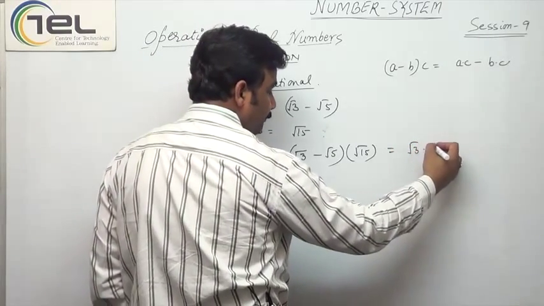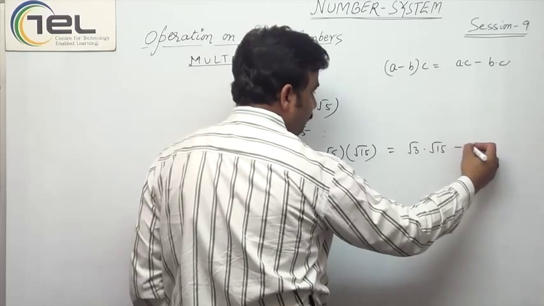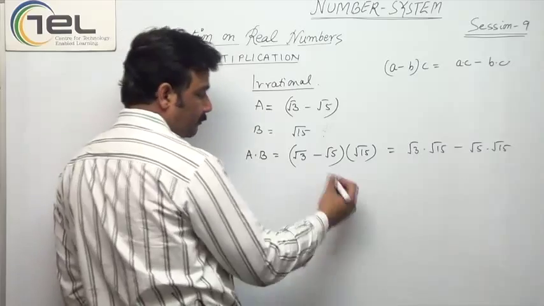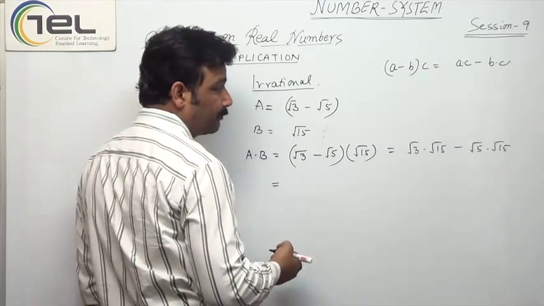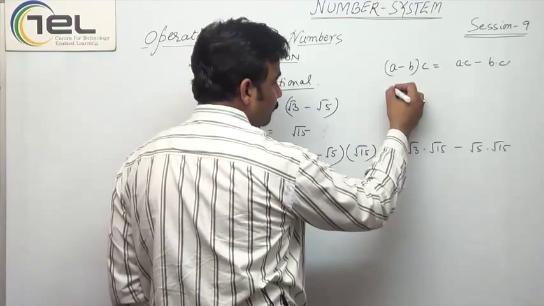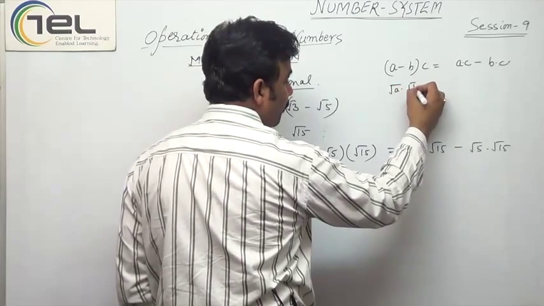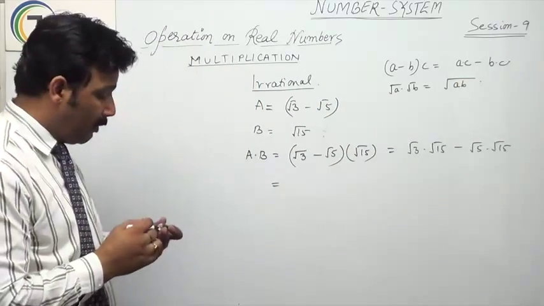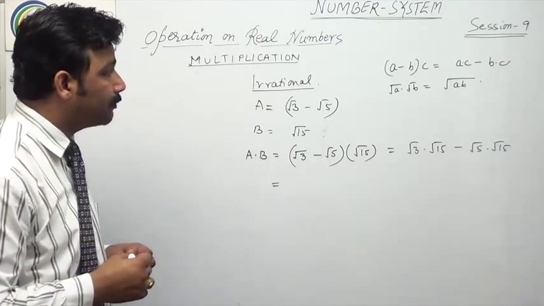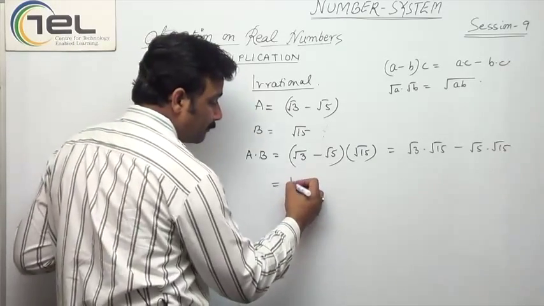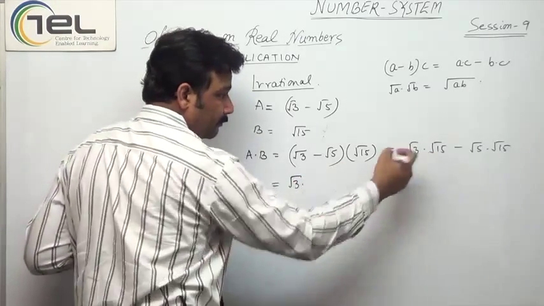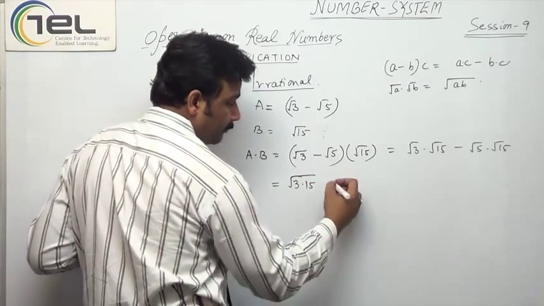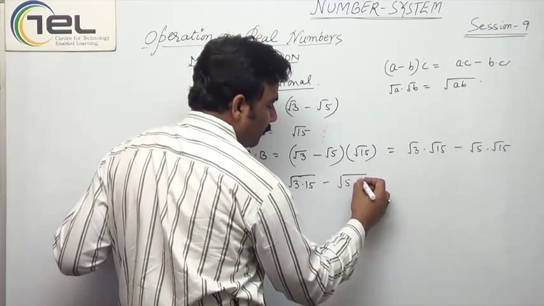Okay, we will apply the properties of exponents. A times the square root of b is equal to the square root of ab. So this will be root 3 times 15 minus root 5 times 15.